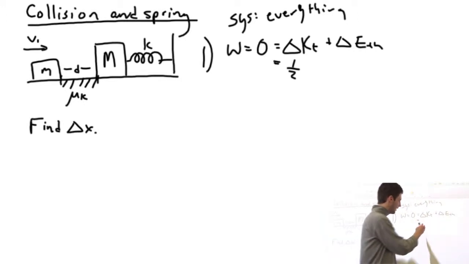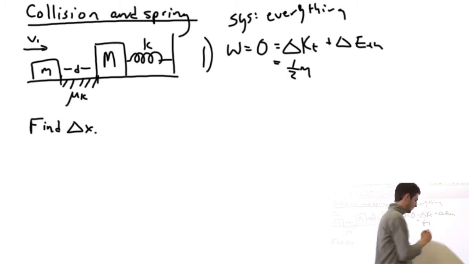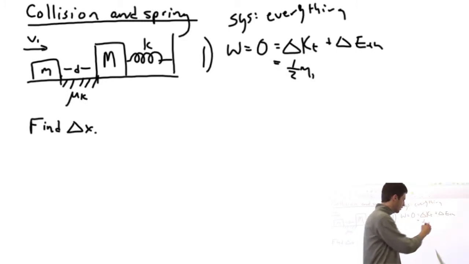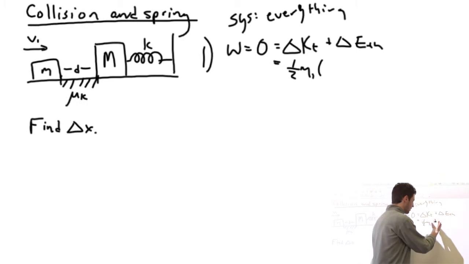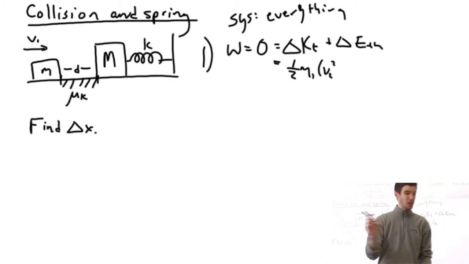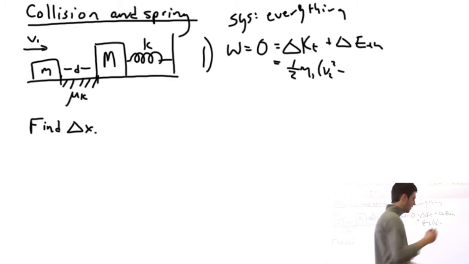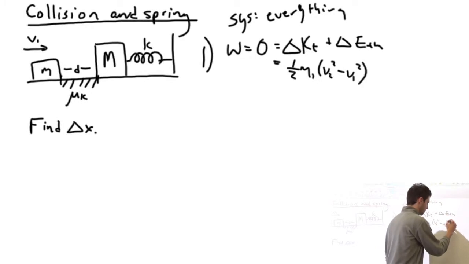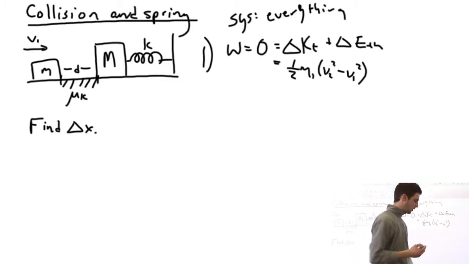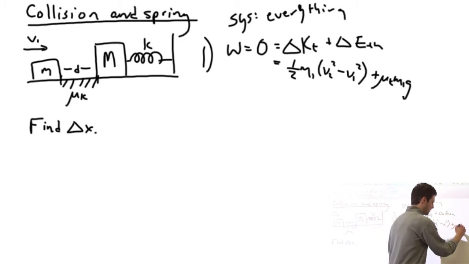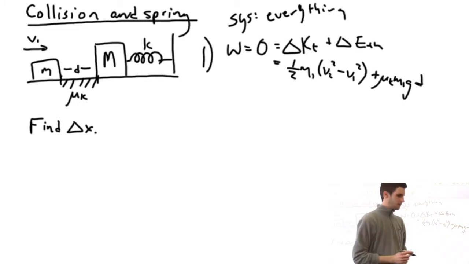For delta K translational, I know that's 1/2 m1, because that's the only one that's really doing anything right now, times the final speed, which I'll call v2, squared, minus the initial speed v1 squared. Keep in mind, v2 is the speed of block 1 when it hits the other block. And delta E thermal is just the integral of the friction force with respect to distance, so I end up with plus mu k m1 g times d, the distance traveled.